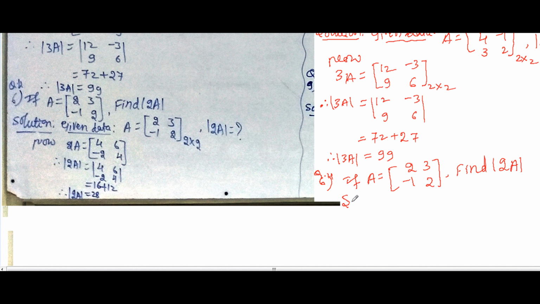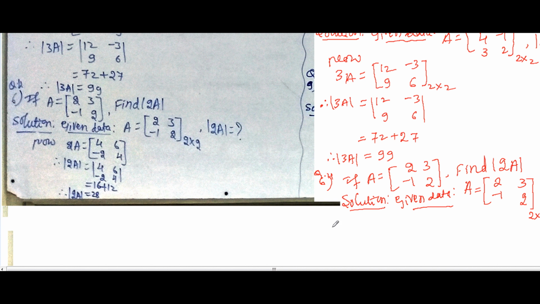Solution. Given data: whatever A he has given, mention that with its order. Matrix A he has given as 2 3, next minus 1 2, order of this is 2 by 2. What he has asked: what is the determinant of 2A?